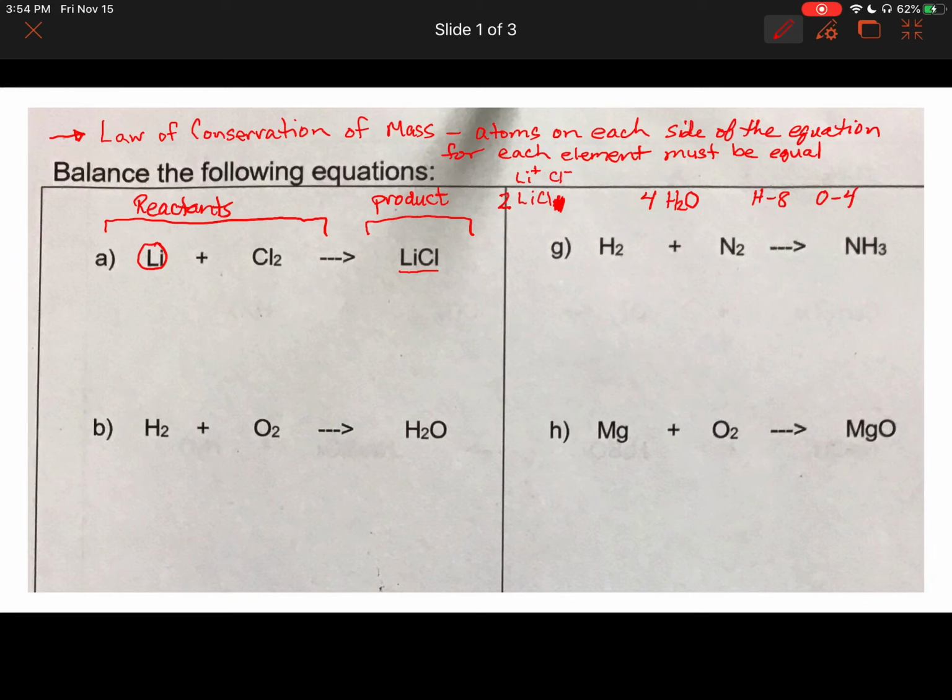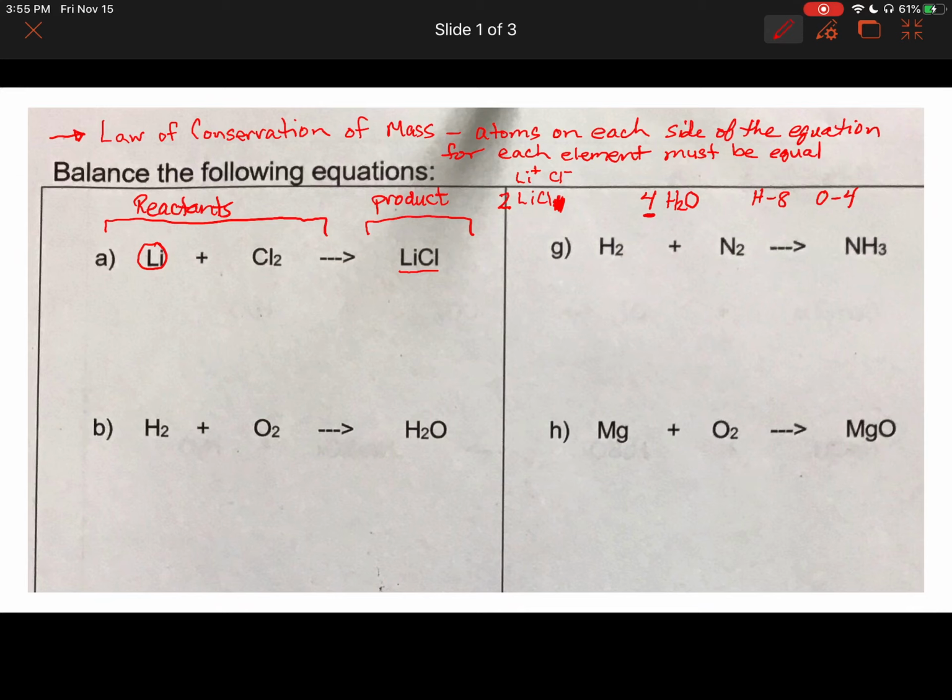Before we had that, it was just 2 hydrogens and 1 oxygen, but putting that 4, that coefficient, in front of this formula tells us that we have 8 hydrogens because it multiplies through, it doesn't add, and 4 oxygens. So a coefficient is a whole number and it's placed in front of substances.